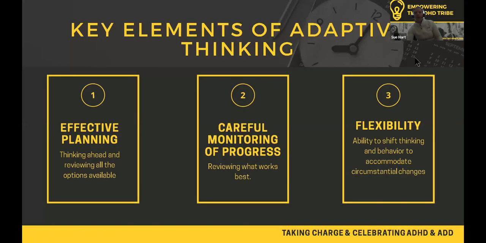So what are the key elements of it? Well, number one is effective planning. It's about thinking ahead and reviewing all the options available. Number two, it's about careful monitoring of progress. It's about checking back: I've put this change in place, is it working?